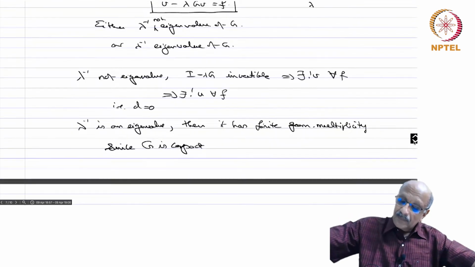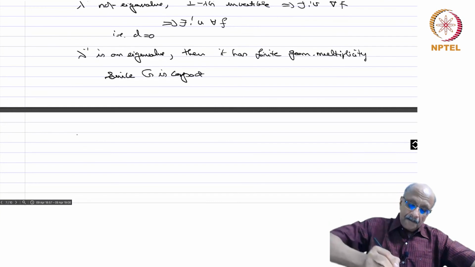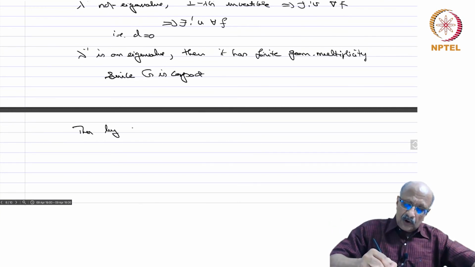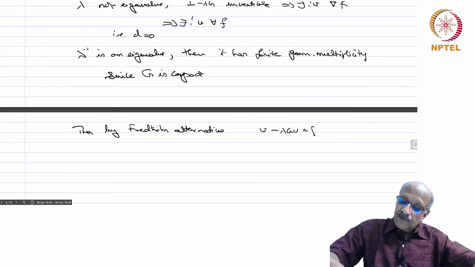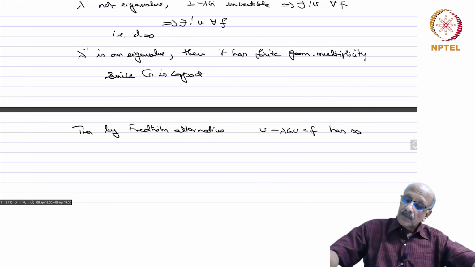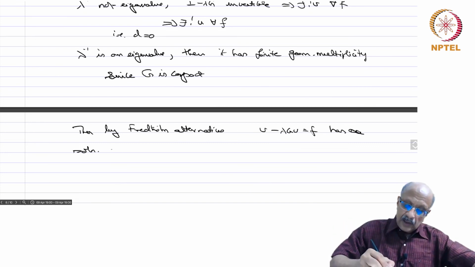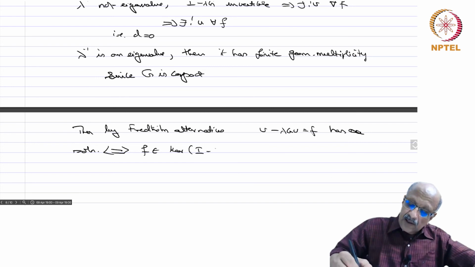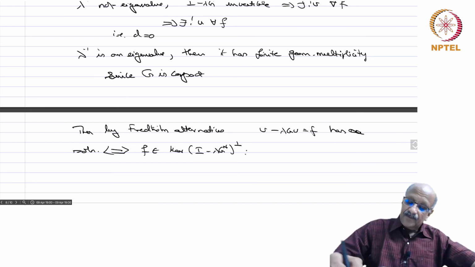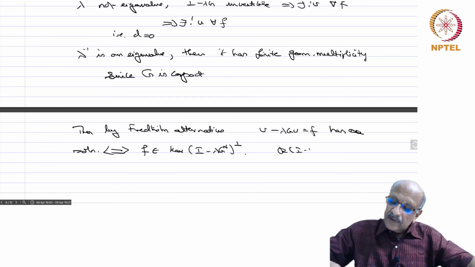Then by the Fredholm alternative, V minus lambda GV equal to f has a solution if and only if f belongs to the kernel of I minus lambda G star, perp, because you know the range of I minus lambda G is nothing but the kernel of I minus lambda G star, perp.